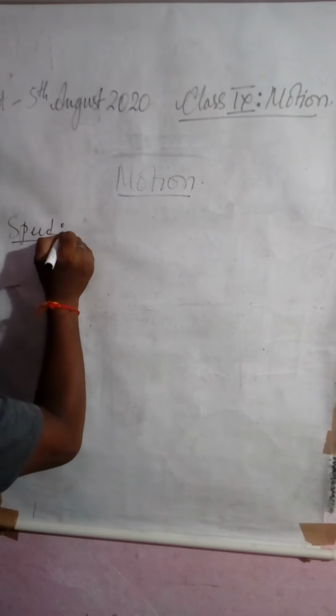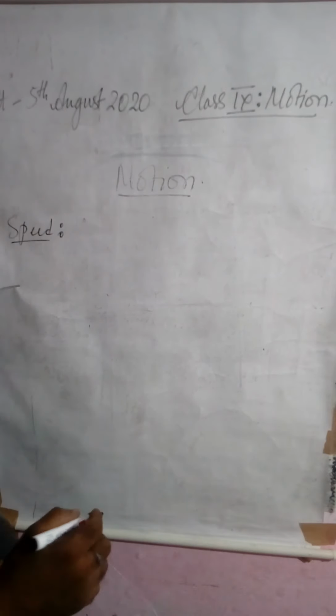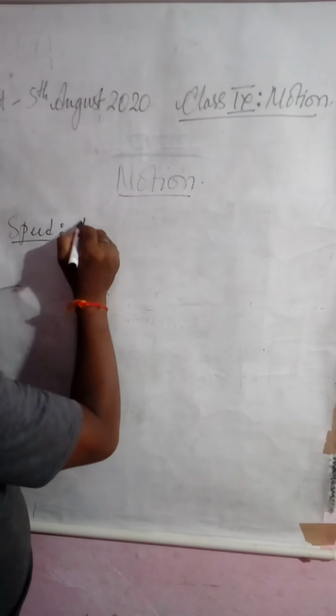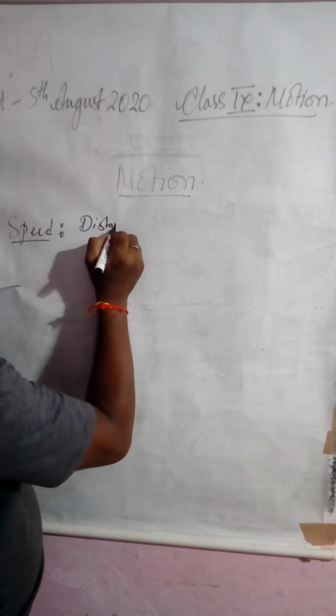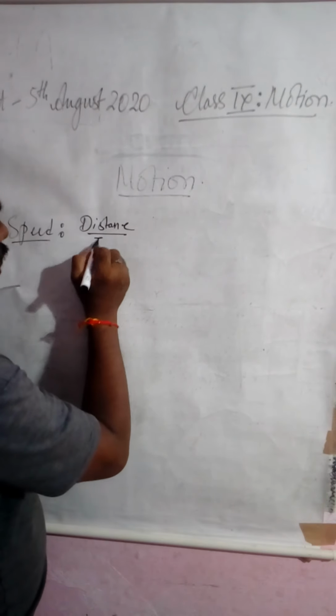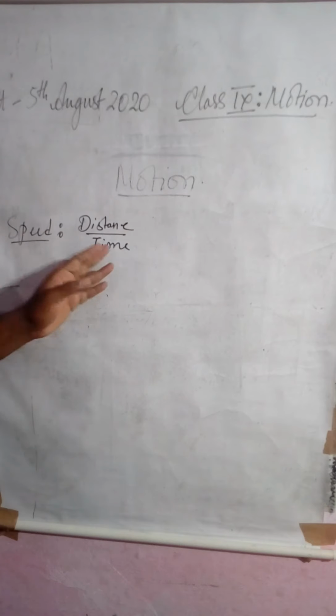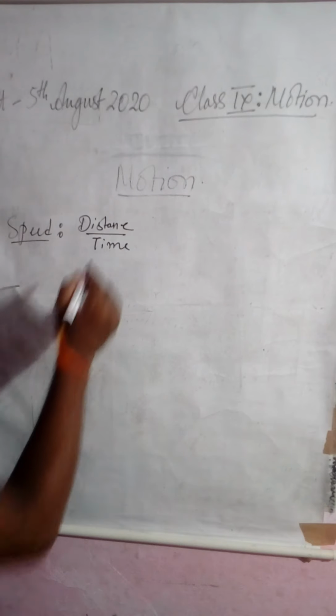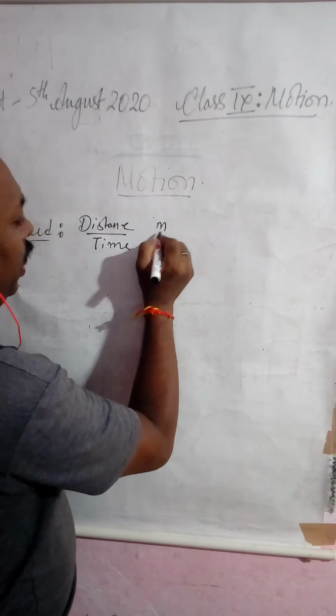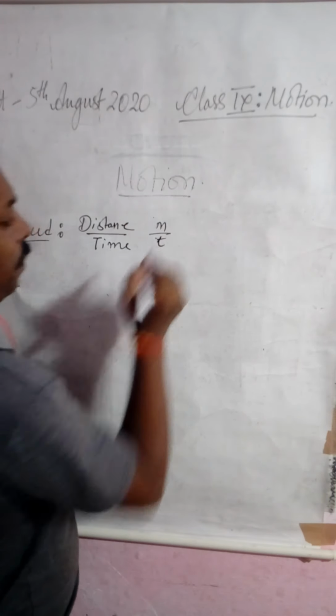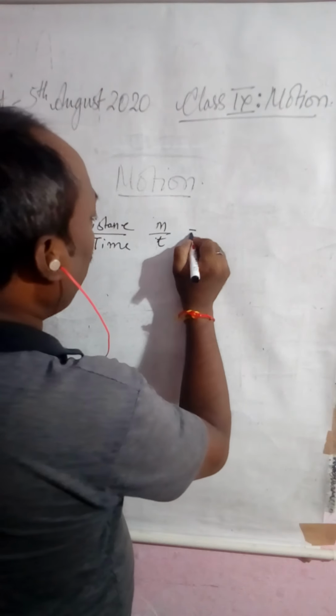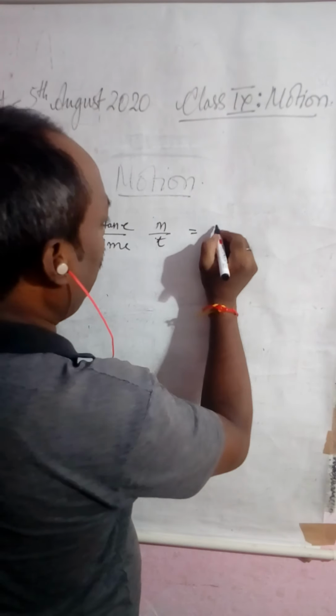Now, when we define speed, we simply say distance covered per unit time. That means speed is given by distance per unit time. Distance comes in terms of meter and time in terms of second.